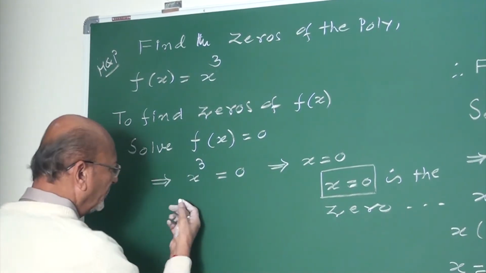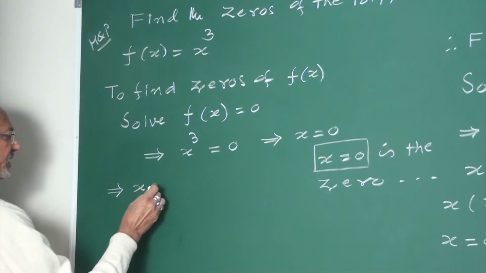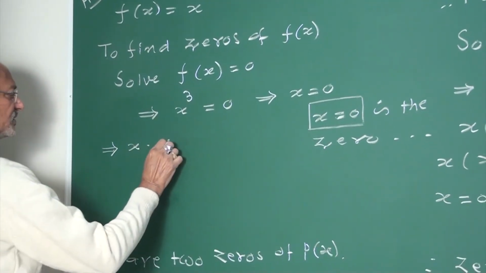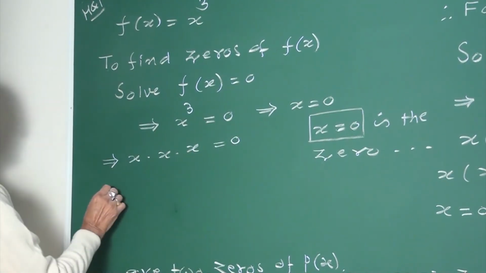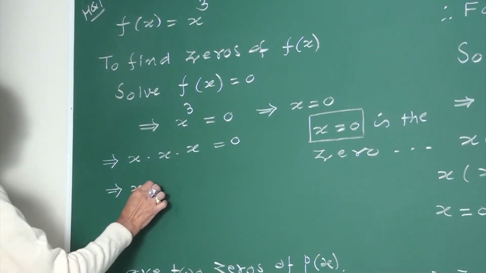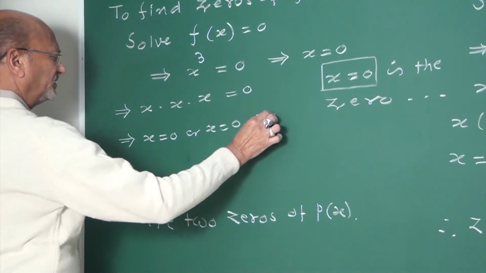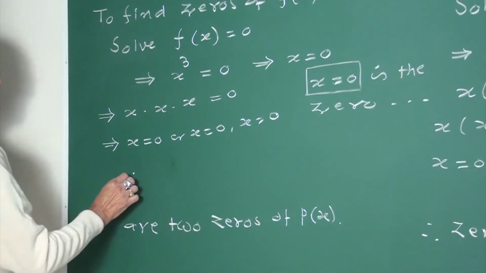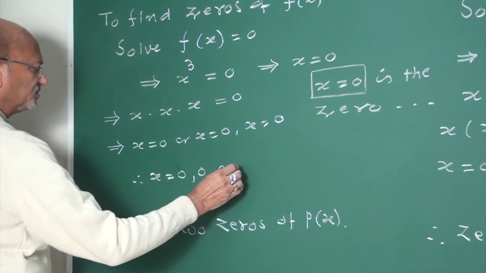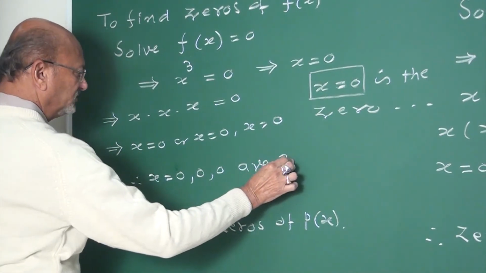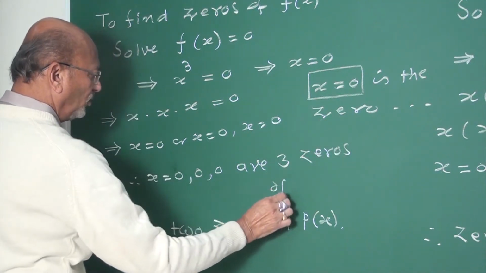Otherwise, you take care in the beginning itself: x cube can be written as x into x into x equal to 0. Yes, my friend, from this, the first factor is 0 or 0 or 0. Everything is same. Therefore, x equal to 0, 0, 0 are 3 zeros of f(x).